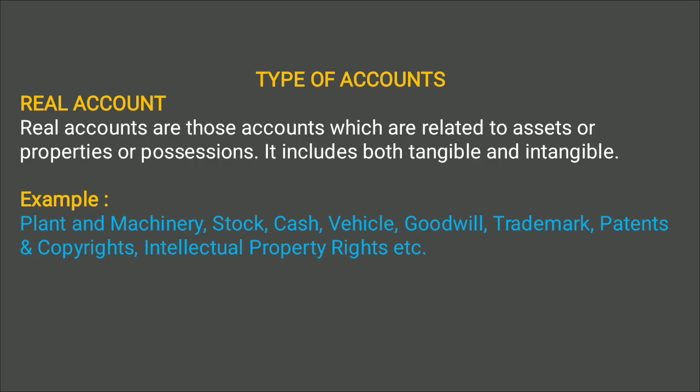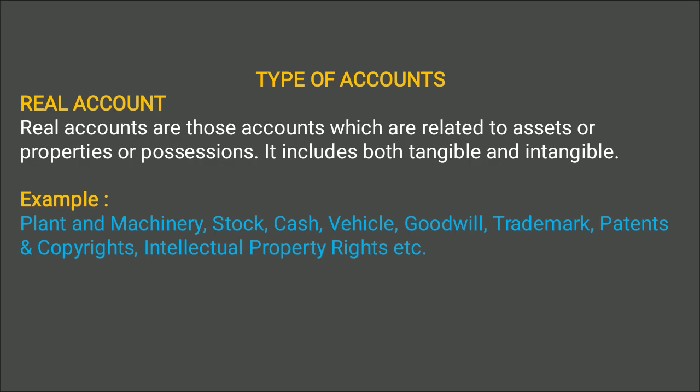But here we can again divide all the assets into two parts: tangible assets and intangible assets. Tangible assets have a physical appearance. You can note down some fixed tangible assets: land, building, machinery, furniture, vehicle, plant. These are examples of tangible assets.